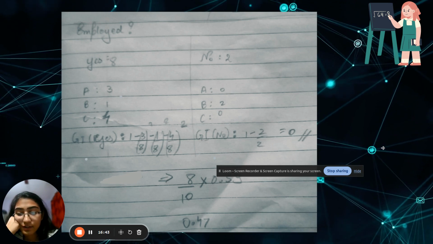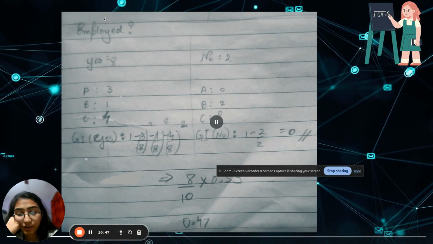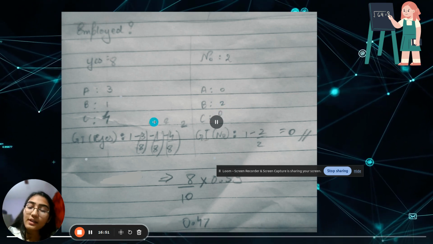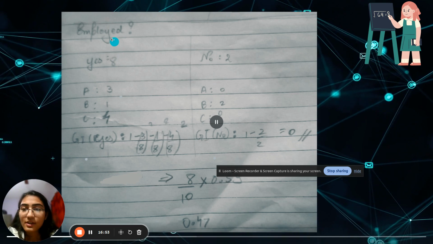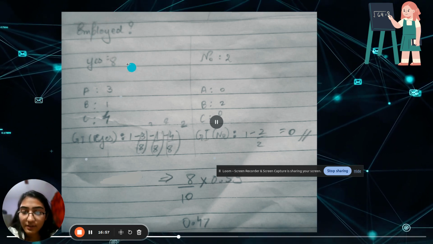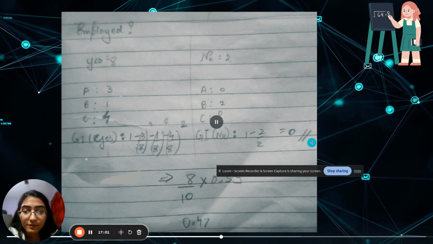Then we will calculate for another attribute, that is employed. If he is employed or not, then I'm directly jumping on to the conclusion, because we have already discussed the process. So for employed attribute, the Gini index for yes we will calculate. Then for no we will calculate Gini index, which will be 0.